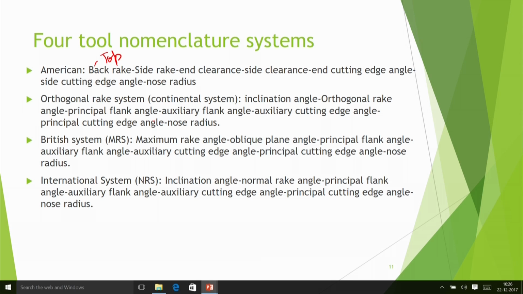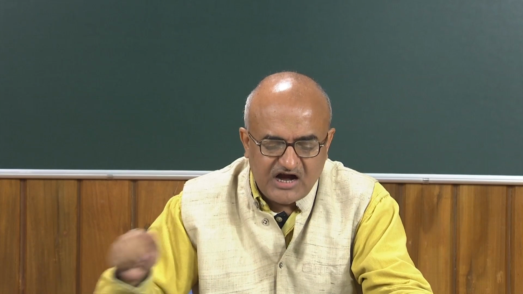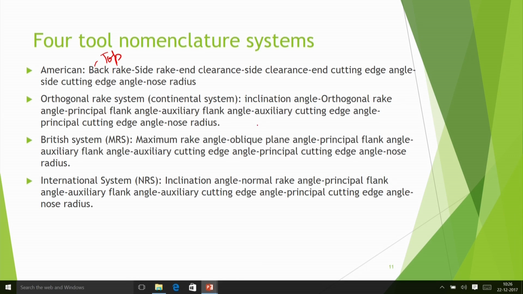Then we have got principal flank angle. Flank is basically same as the relief angle, you can say principal relief angle. So flank means it is basically the surface side. And then auxiliary flank angle on the auxiliary face, then auxiliary cutting edge angle, and then principal cutting edge angle, and nose radius is there.